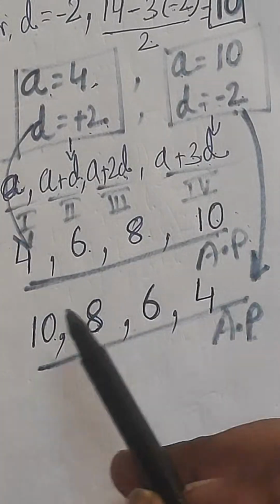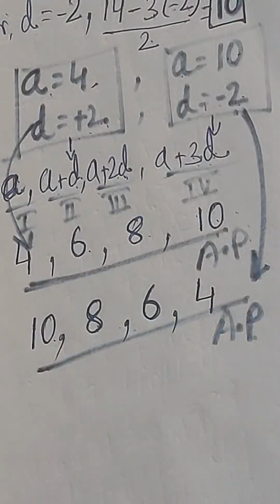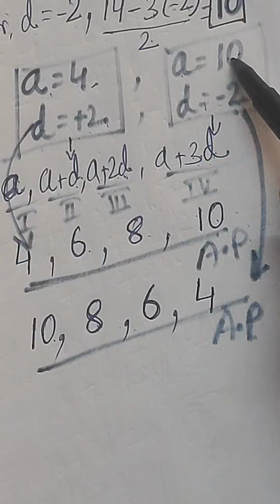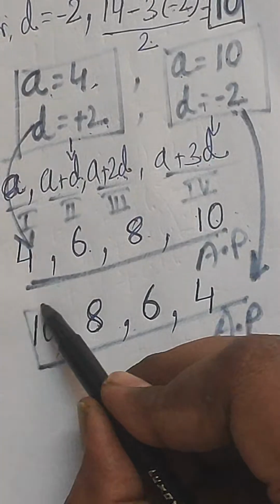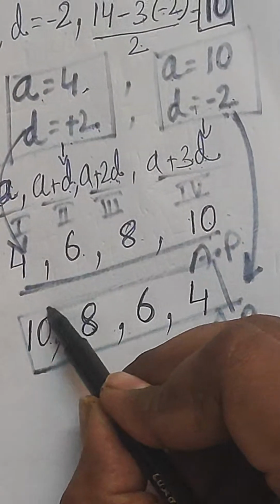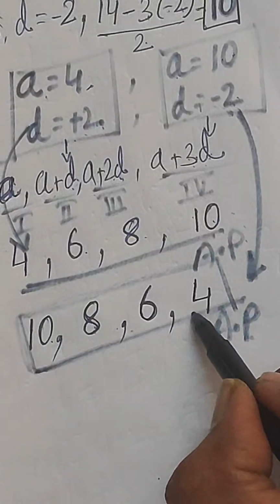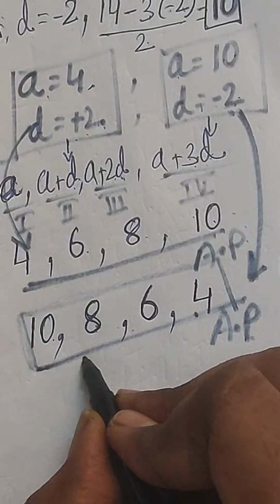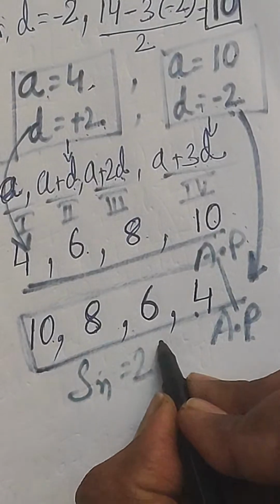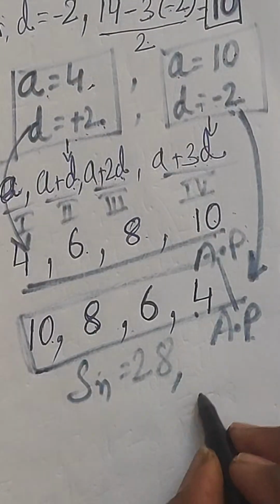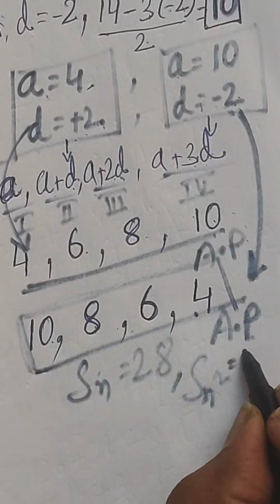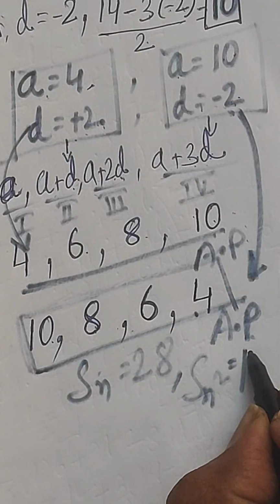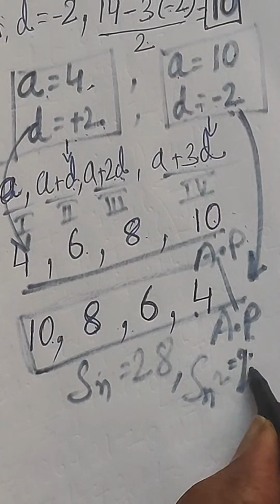So when you write your answer as 4, 6, 8, 10, this is not completely correct because you need to consider the second value of D and A, and with that you can give the answer that yes, 10, 8, 6, 4 can also be the AP, or those four numbers whose sum is 28 and whose sum of squares of these terms is 216.